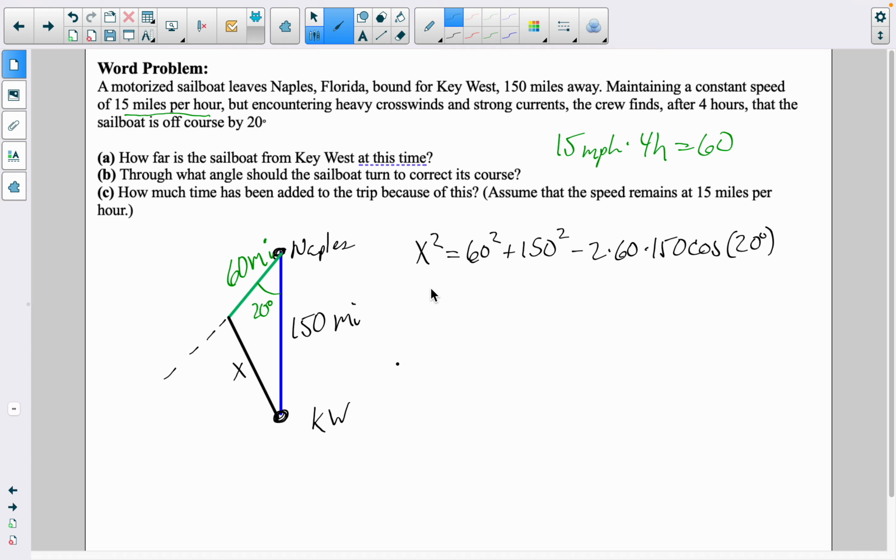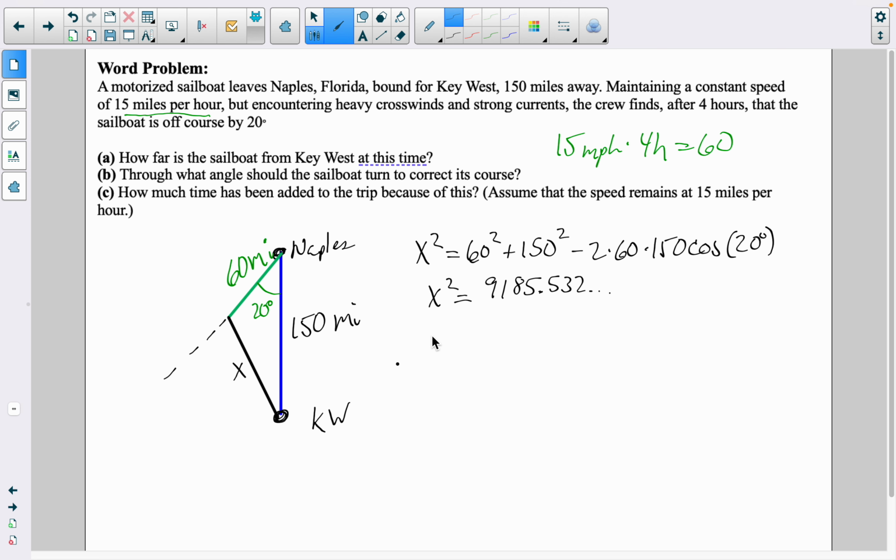Typing that in one line, x squared is equal to 9185.532.